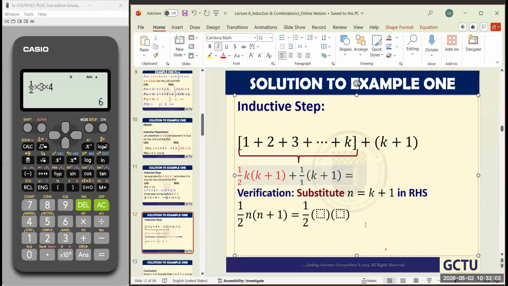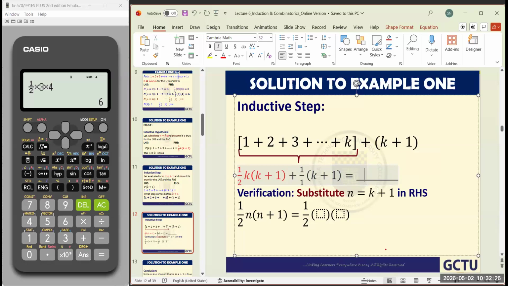So if I'm using LCM, that means on the left-hand side my denominator is 2. On the right-hand side, my denominator is 1. Okay? So if I'm using LCM, my LCM in the denominator will be 2. Okay, so let's assume that I have a line drawn.